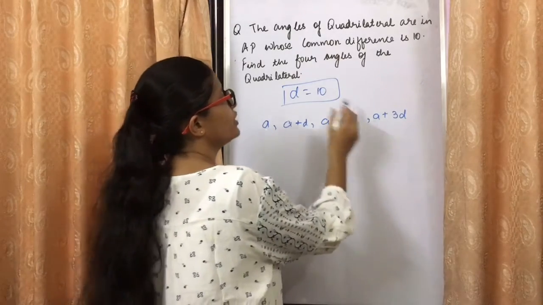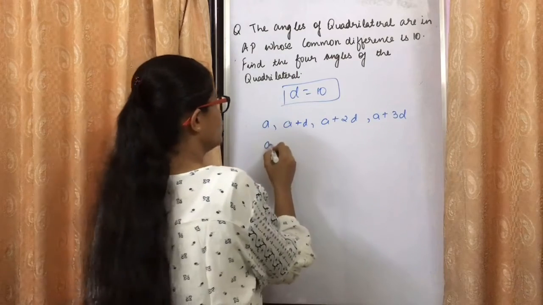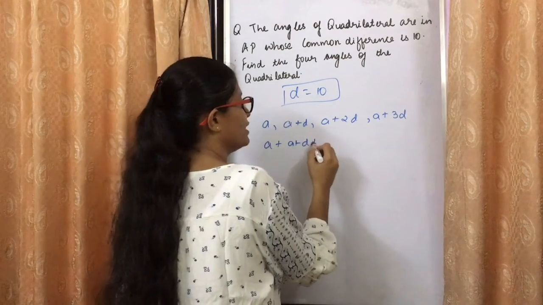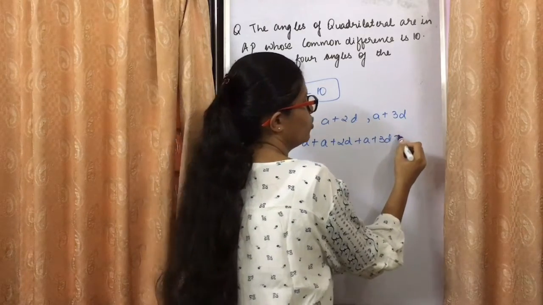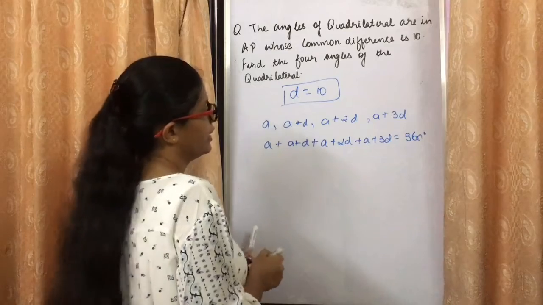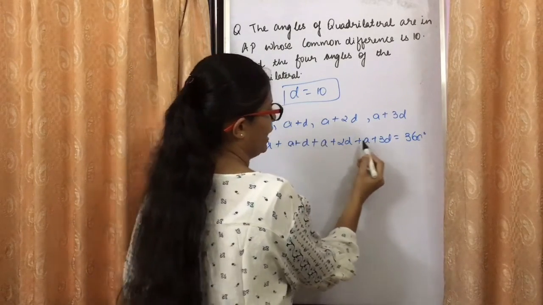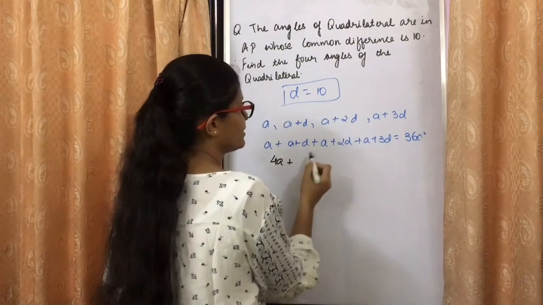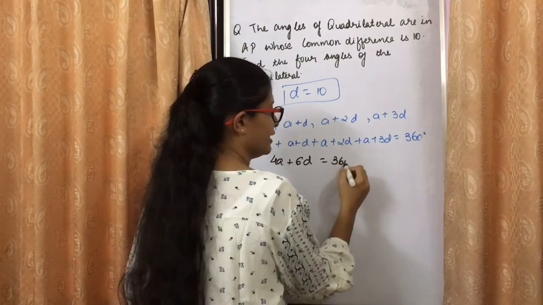So if it is a quadrilateral, the sum of all the angles will be 360 degrees. So A plus A plus D plus A plus 2D plus A plus 3D will give you 360 degrees. We get 4A plus 3D plus 3D, that is 6D, is equal to 360 degrees.